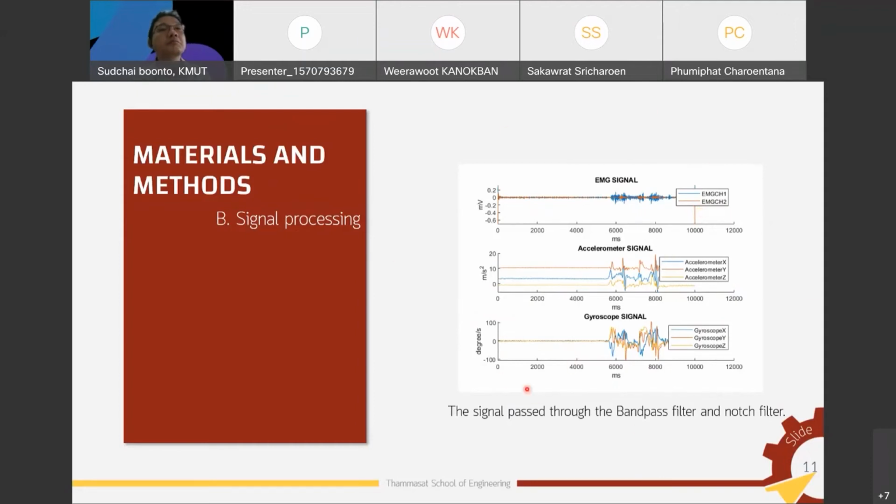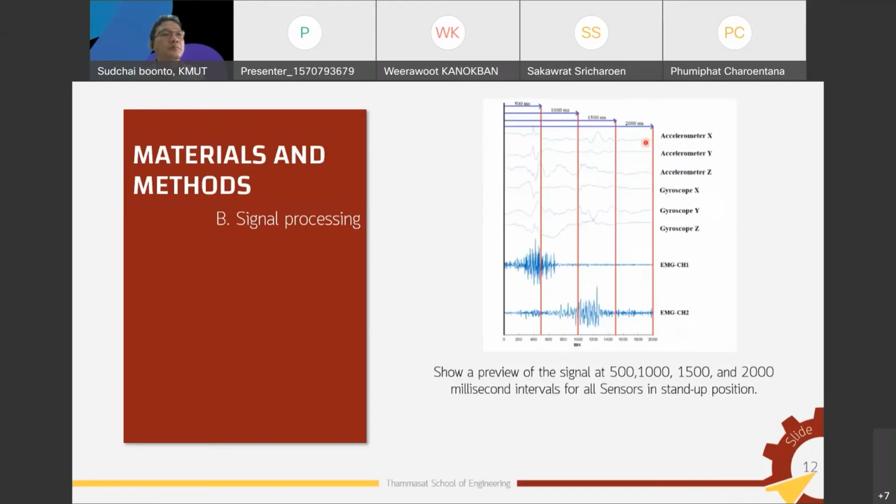This figure shows an example of collected data, including SEMG, gyroscope, and accelerometer signals after filtering. The beginning of the SEMG signal is used as the initial of the movement activity, computed with the findchangepts function in MATLAB to find the change in the signal.